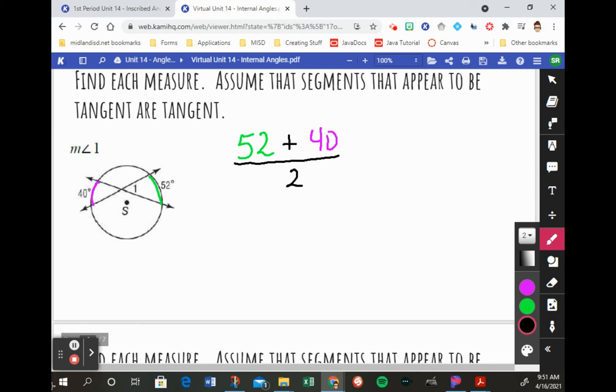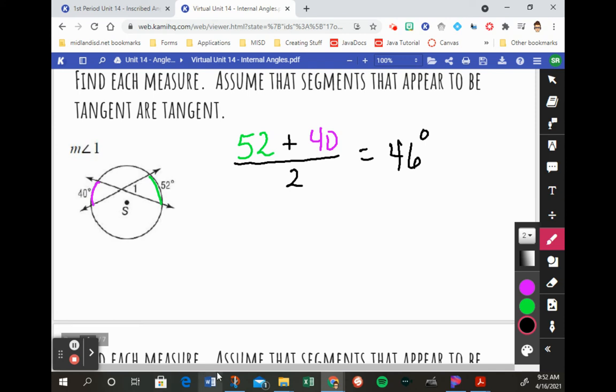It is an average. So 52 plus 40 divided by 2. I get 46. And that is my answer. So angle 1 is 46 degrees.